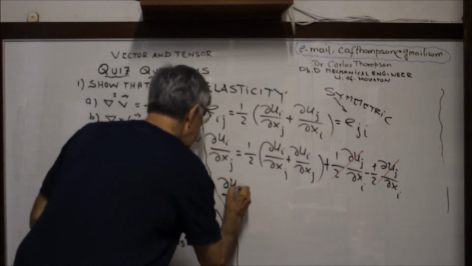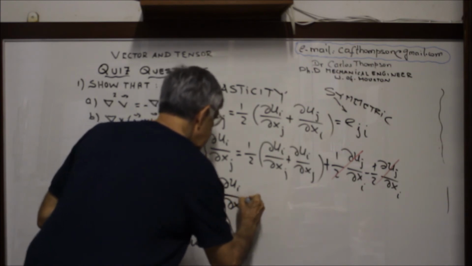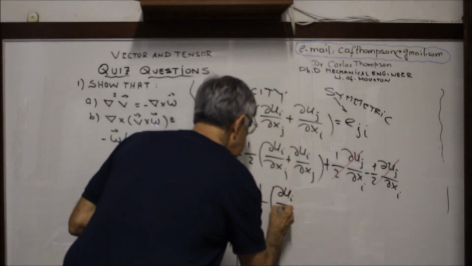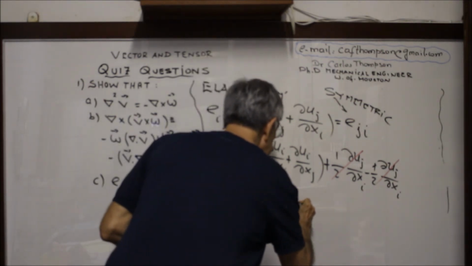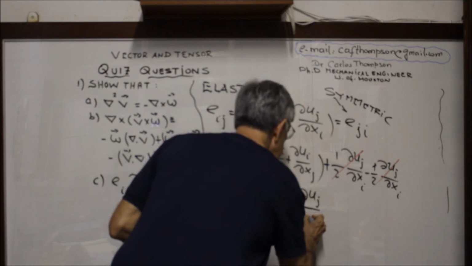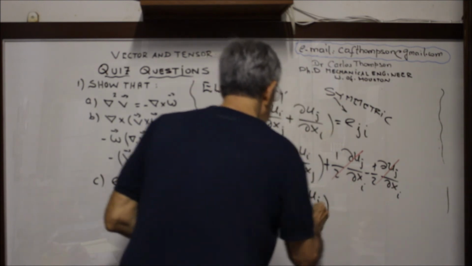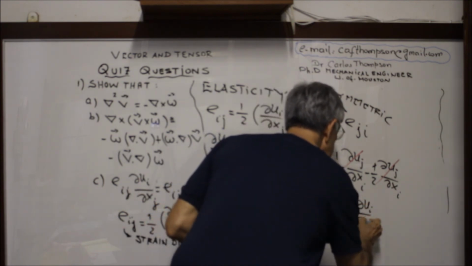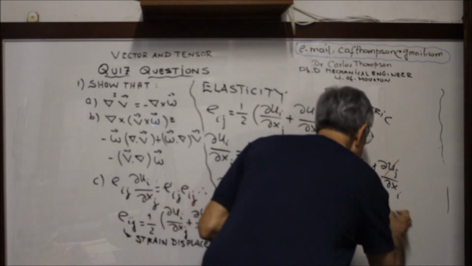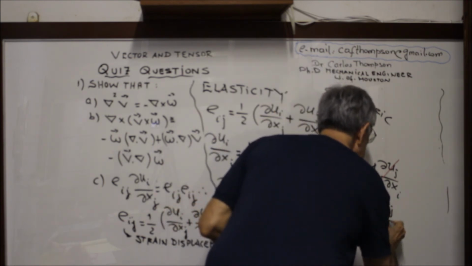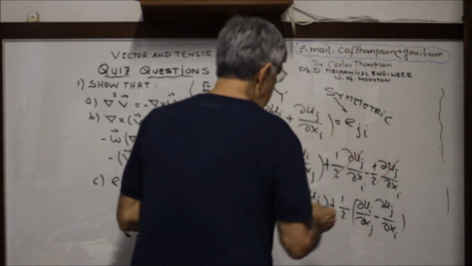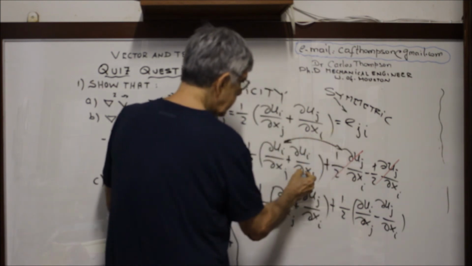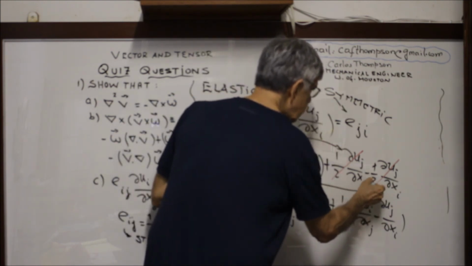So I can combine this term over here. So partial of ui with respect to xj is equal to 1/2 partial of ui with respect to xj plus partial of uj with respect to xi, plus 1/2 partial of ui with respect to xj minus partial of uj with respect to xi. You see, I just combine this term here with this one, and this one with that one.